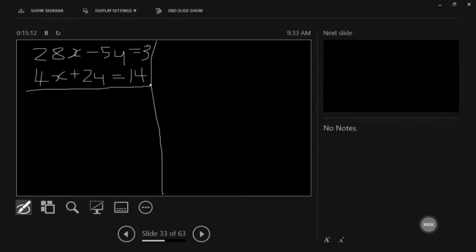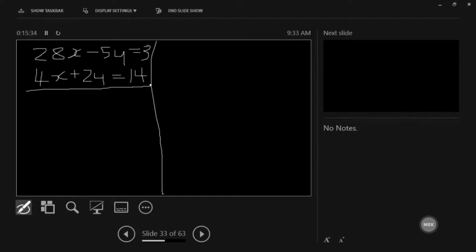So what is x, what is y? Or remember, other letters can be used to represent the unknown. Any variable can be used, w, p, q, r, even a symbol, an asterisk, a triangle, whatever it is.